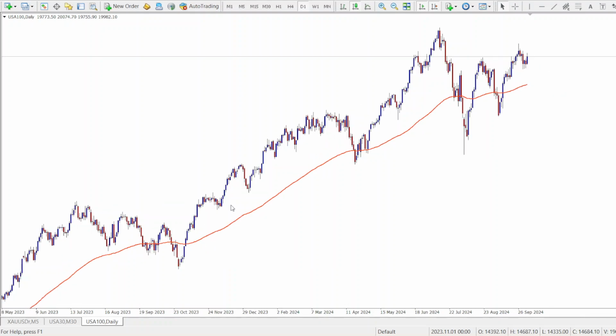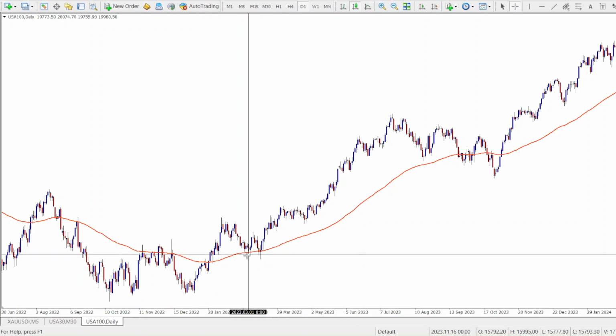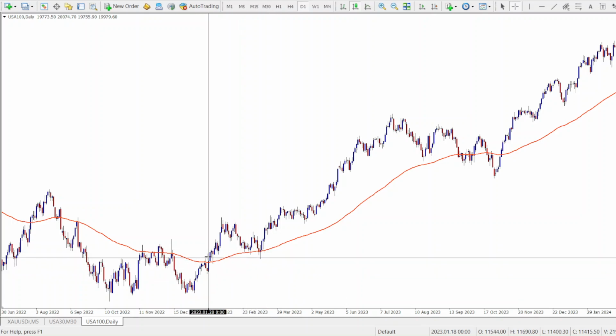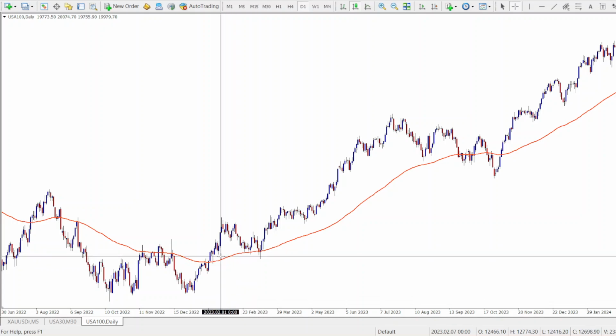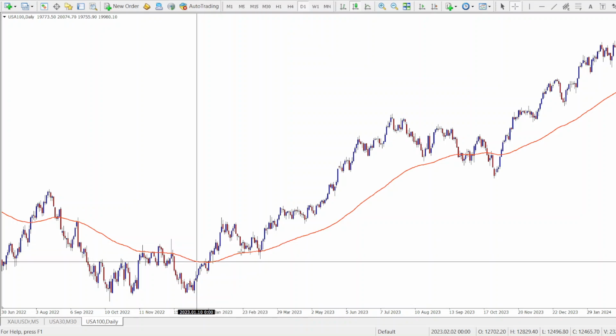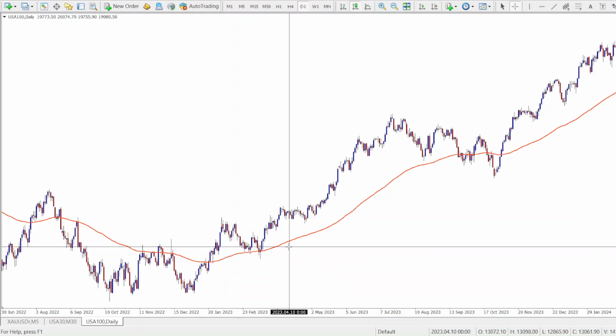For example, here we can see that when the price climbed above the EMA, it usually serves as dynamic support and resistance levels.